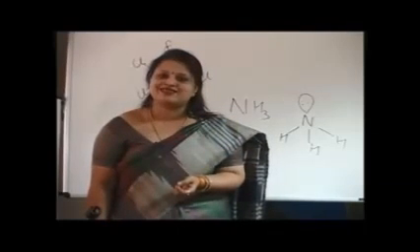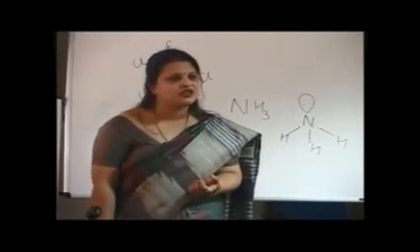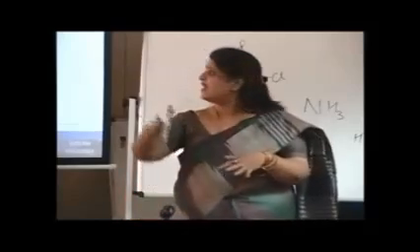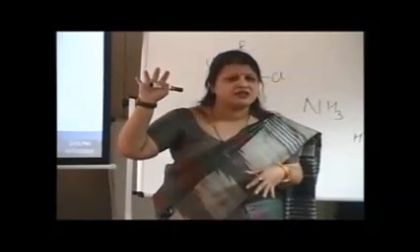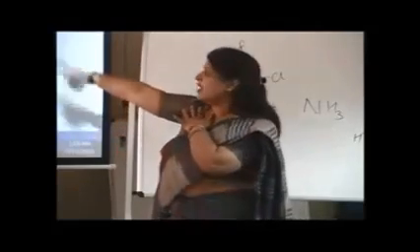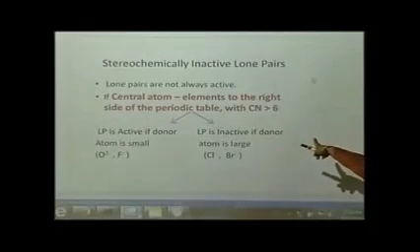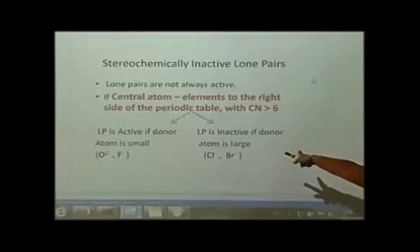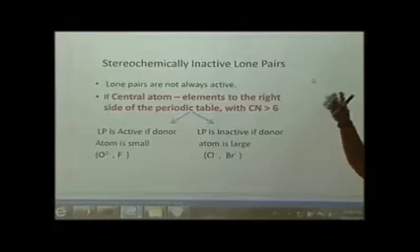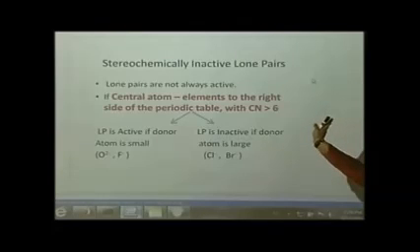Now, the $1,000,000 question that arises is, how would you know whether the lone pair should be active or inactive? Suppose you come across an example where the central atom is on the extreme right side of the periodic table. That means we are talking about heavy elements on the right hand side, plus the coordination number is more than 6. In that case only, the lone pair may be inactive. Firstly, the central atom should be on the right hand side. So in all the examples that we have discussed till now, the central element has been carbon, nitrogen or oxygen.